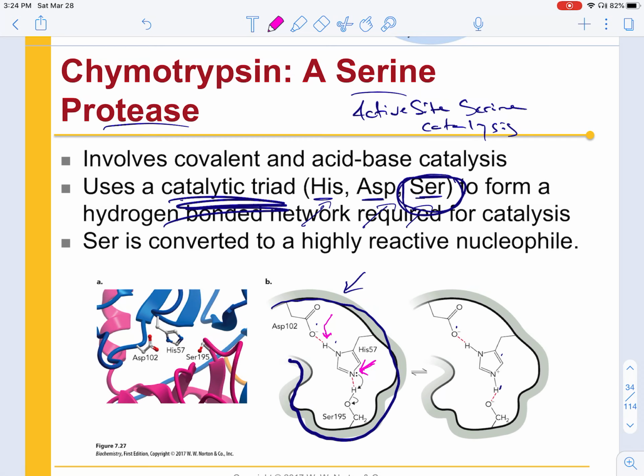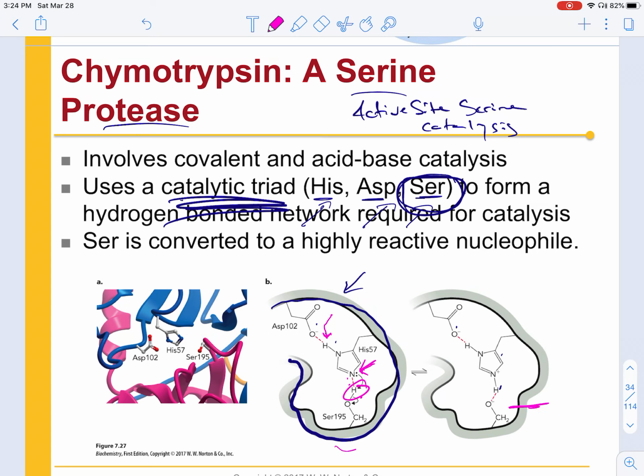This histidine then hydrogen bonds with the serine and is able to pull off the hydrogen from the serine, so that the serine becomes an oxygen anion and a very strong nucleophile.